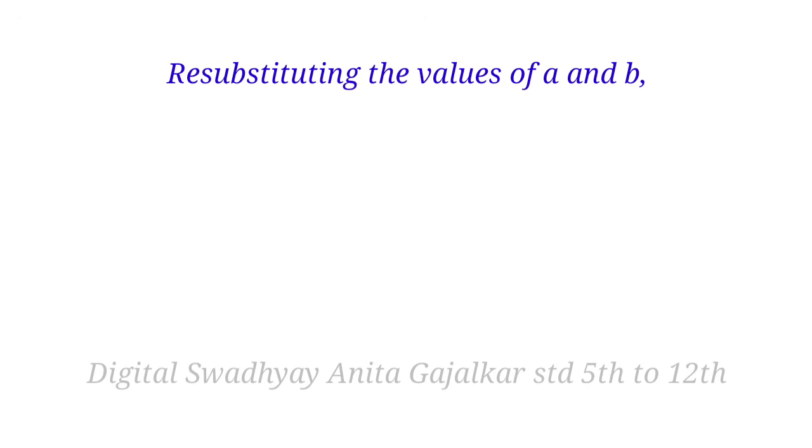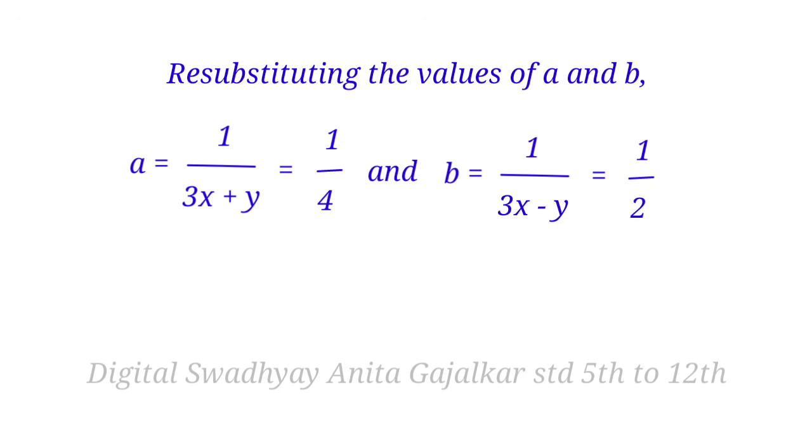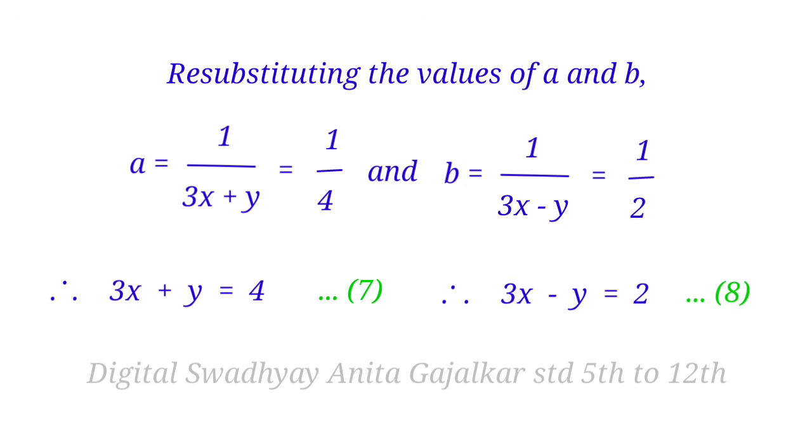Resubstituting the values of a and b, a equal to 1 by 3x plus y equal to 1 by 4 and b equal to 1 by 3x minus y equal to 1 by 2. Therefore, 3x plus y equal to 4, equation number 7, and 3x minus y equal to 2, equation number 8.